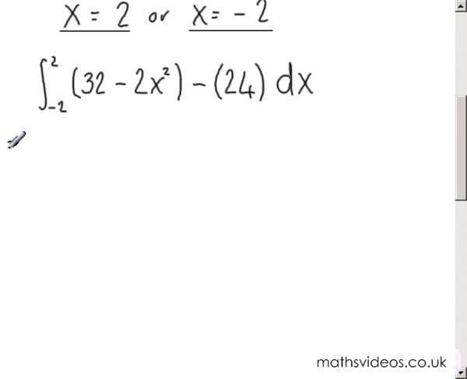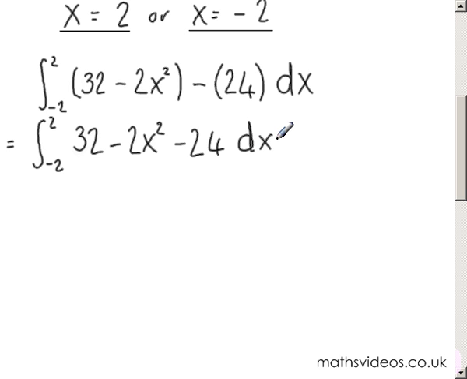So if we simplify what we have, then that's 32 minus 2x squared take away 24, and we're integrating that with respect to x. So tidying up and simplifying what we have, then 32 minus 24 is 8 minus 2x squared.